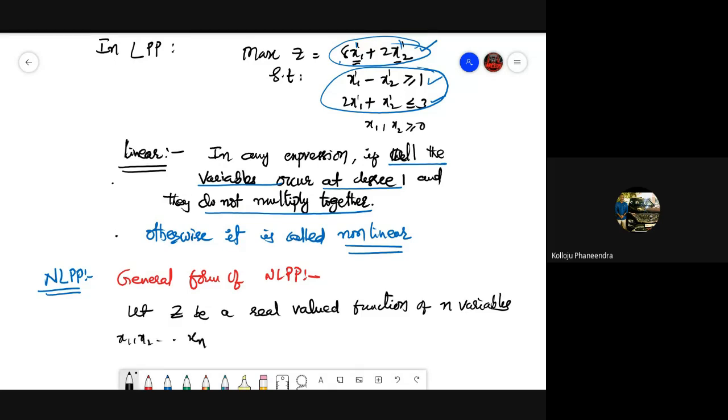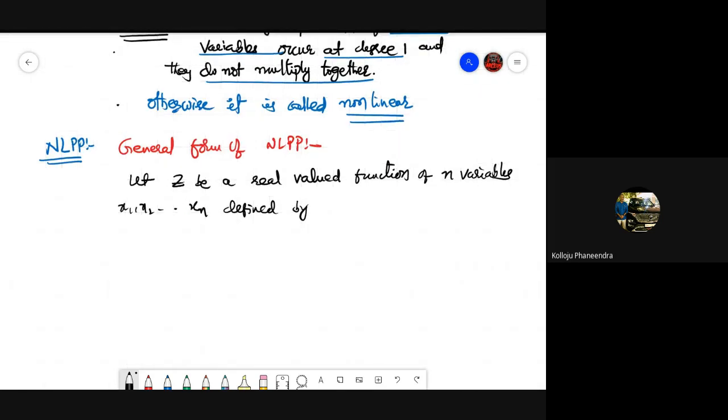That is, z is a function of n variables defined by z equal to f of x1, x2, and so on xn.